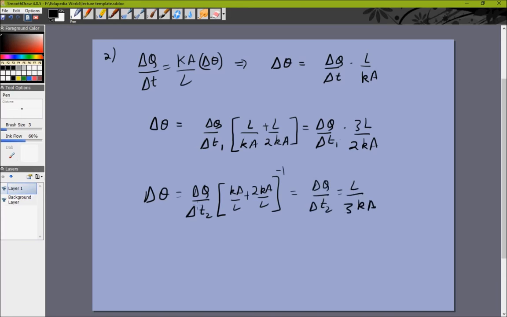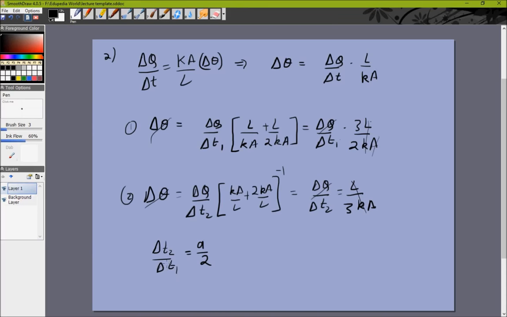Now you just divide the two. Delta theta will cancel, delta Q will cancel, L by Ka will cancel. So what you're left with is the first equation divided by the second equation gives you delta T2 by delta T1 is equal to 2 by 9.